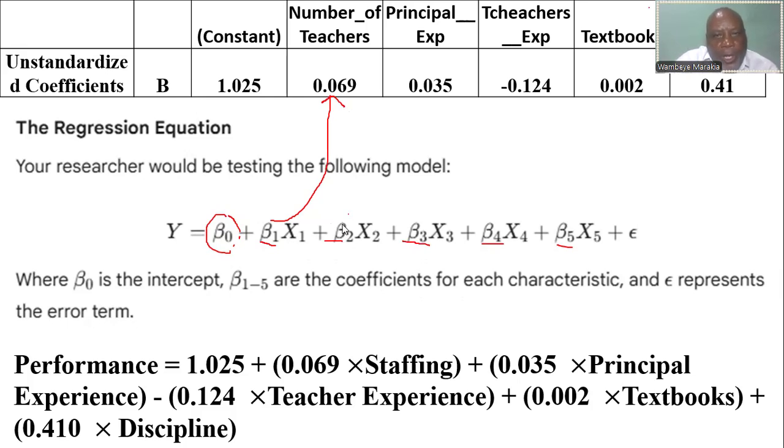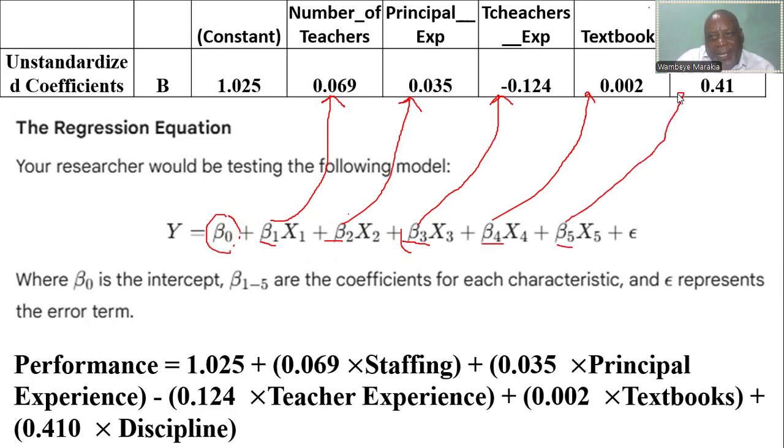Beta 2 is this coefficient of principal's experience. Beta 3 will be the teacher's experience. Beta 4 will be the textbook coefficient, and beta 5 will be the discipline in the school.